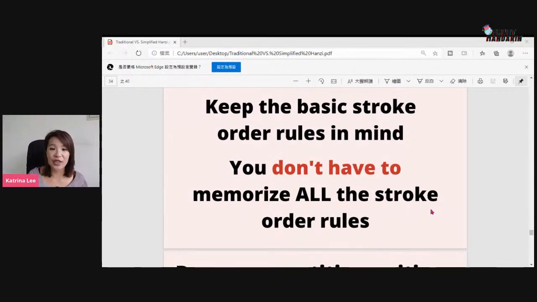But don't stress yourself out trying to memorize all the stroke orders. You don't memorize the stroke order. You write the stroke order. Let your hand, your muscles, remember, not your head.